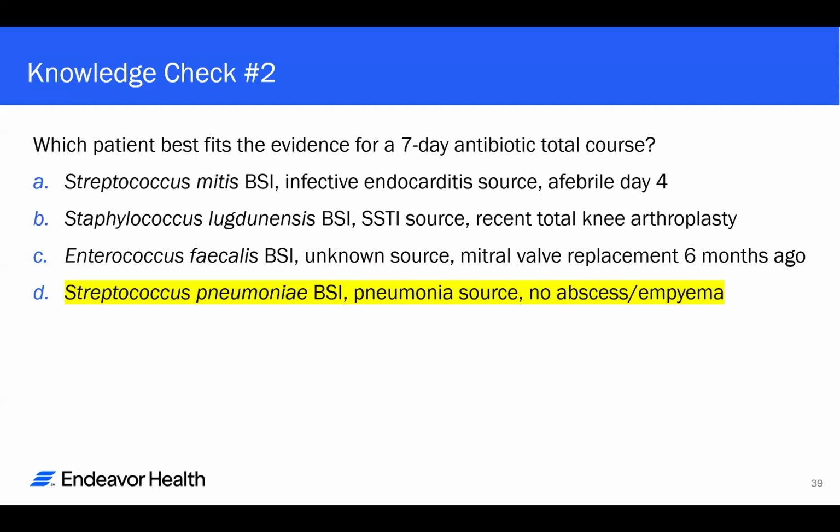Is it really making a difference? Is 3 to 5 days of IV therapy really enough, and then we're just doing a little bit of extra cleanup? So that's one thing to consider.